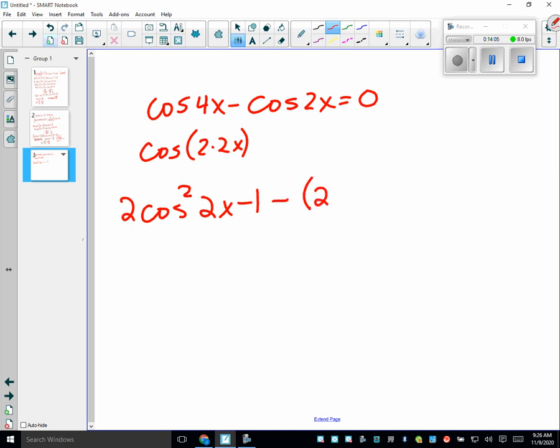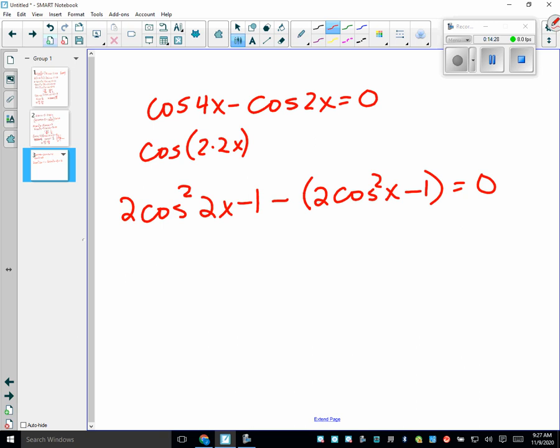Minus 2 cosine squared x minus 1. Oh, I see. We didn't have to break it down into 2 times 2x, did we? Well, I wanted you to realize it was a double angle. It's a double angle, yes.